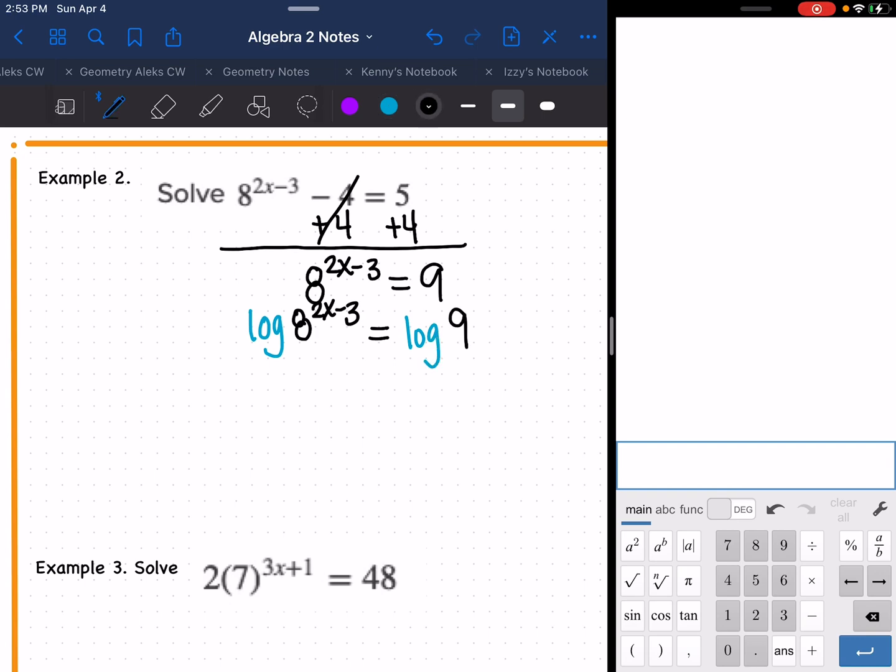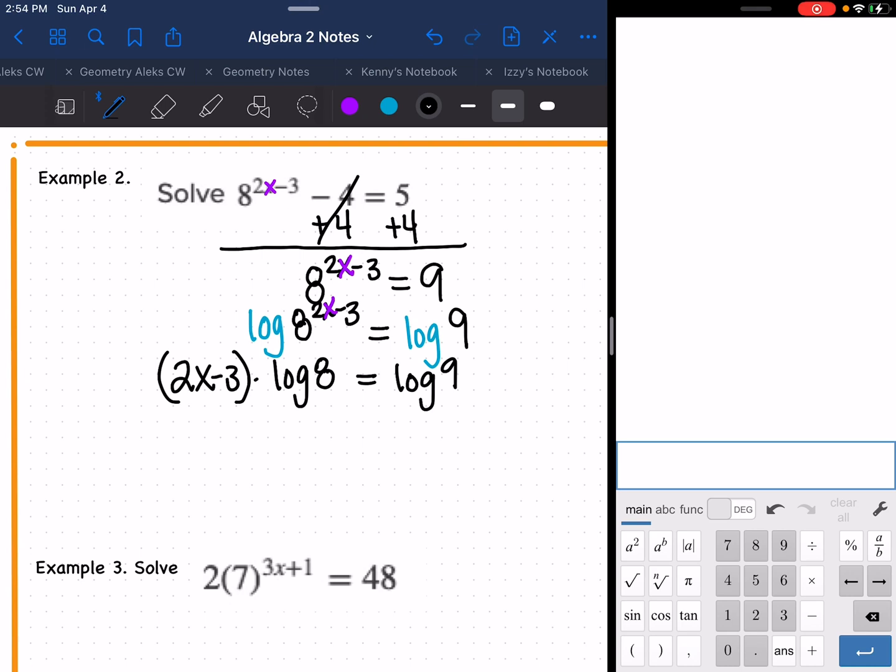Okay, I'm now going to apply the power rule, because remember my whole goal is to get this variable x alone. So I'm going to apply my power rule by moving my 2x minus 3 to the front times my log of 8 equals log of 9.